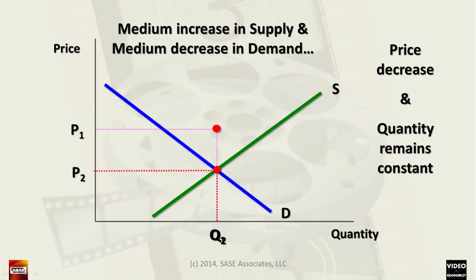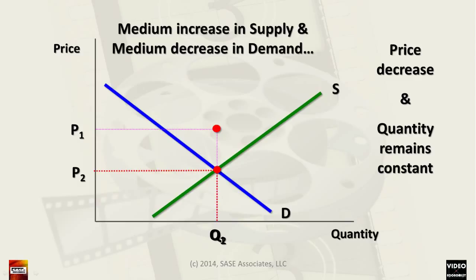The decrease in demand decreases the equilibrium quantity by the same amount that the supply increase raises the quantity. Hence, the supply and demand shifts cancel one another out in respect to quantity.